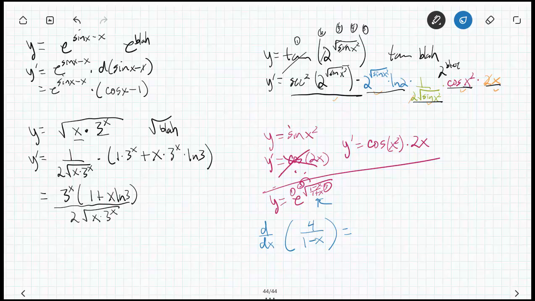If I look at this not as 4 over 1 minus x, but more as 4 times the derivative of 1 over 1 minus x, and then I look at this as chain rule, this is actually 1 over blah. And the derivative of 1 over blah, remember the 4 is along for the ride, the derivative of 1 over blah is, you ready? Negative 1 over (1 minus x) squared, because the derivative of 1 over x is negative 1 over x squared.